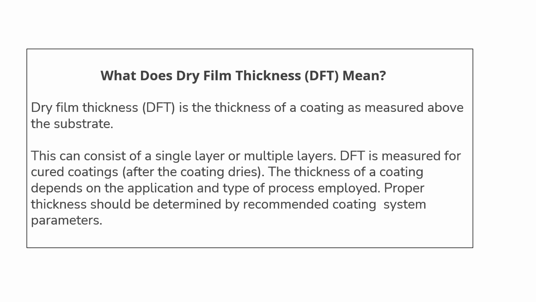Then again you apply the paint, and again you leave some pocket and measure the thickness. You will get the final coating thickness. Like this, you come to know the total thickness of the paint, including the primer, intermediate coat, and final coat.